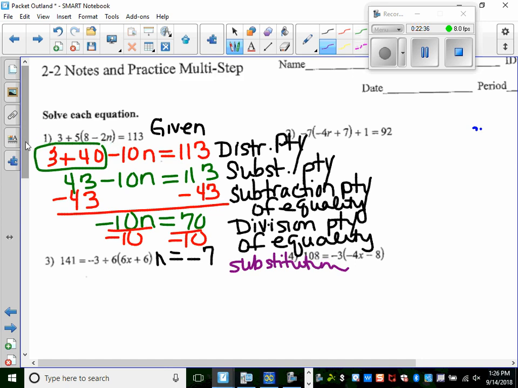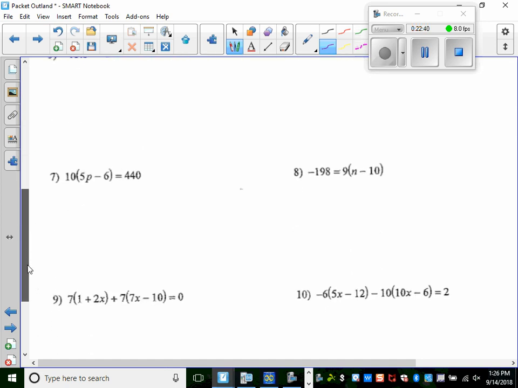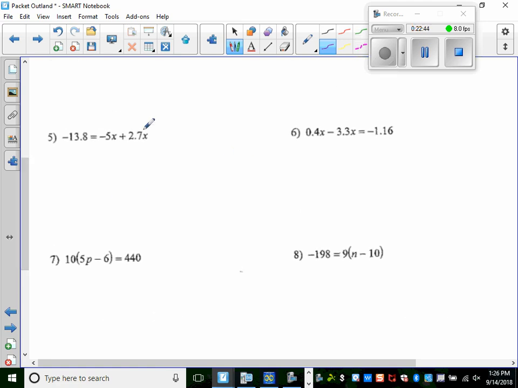All right, let's move on down. Let's do one that has a decimal in it. Okay, they follow the same properties. Same process for solving equations. So first thing I want to do is to get all my constants over, or actually, nope, here we go. Look, I have to combine these together.